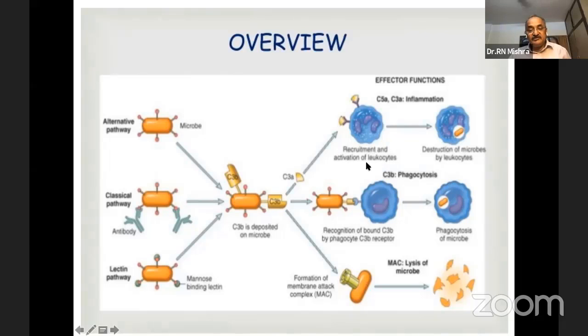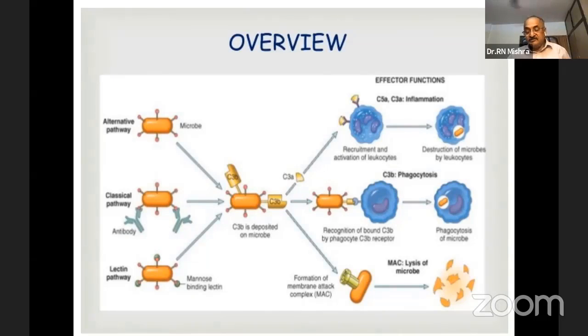It causes recruitment and activation of leukocytes, and the C3b on the surface of the bacteria makes them easily phagocytosed by macrophages and WBCs, and it also forms a membrane attack complex causing lysis of microbes.